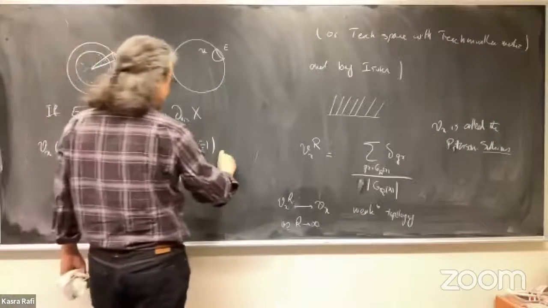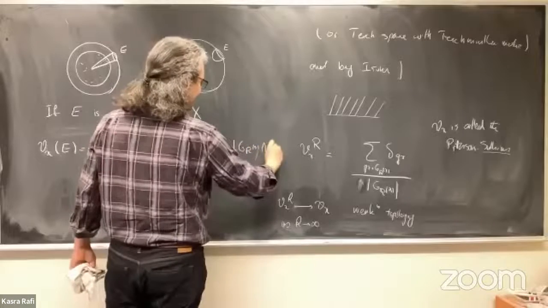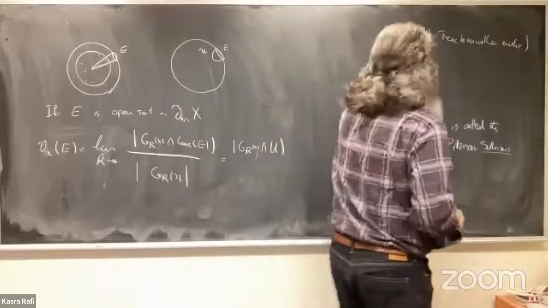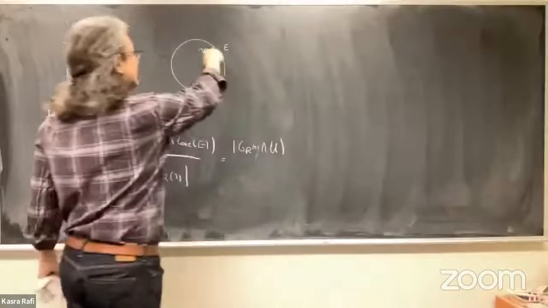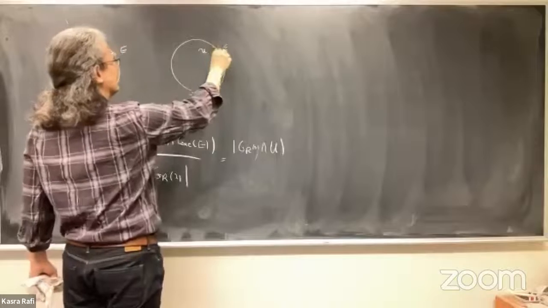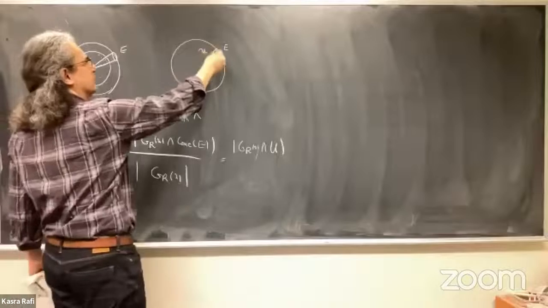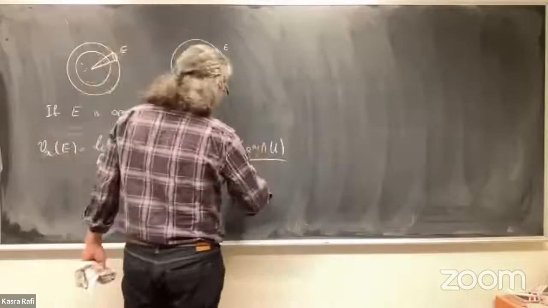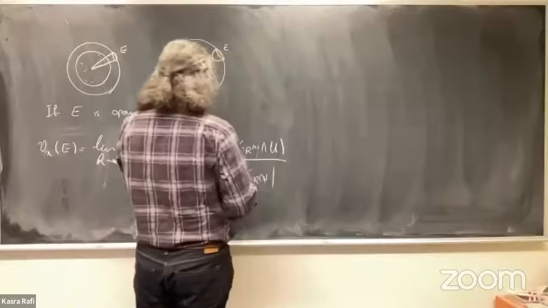I can change this to the number of elements in G_R x intersect U. Because the visual boundary is a bordification, if I pick a point in here, I can pick an open neighborhood. So pick any open neighborhood that you want, it doesn't matter which one, take the number of these points divided by that, and take the limit again.